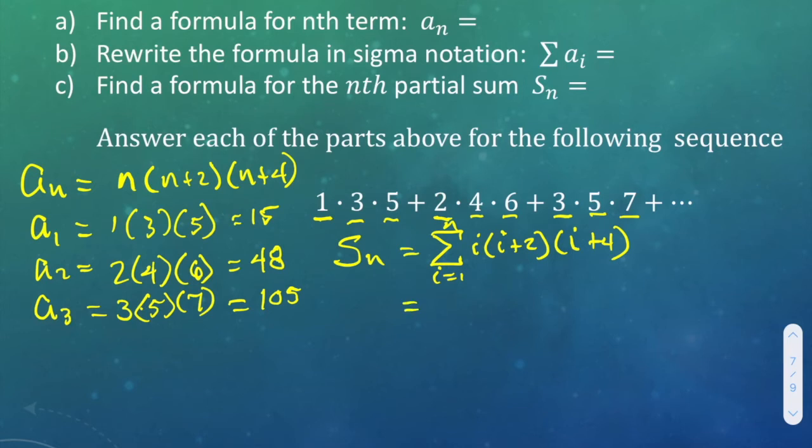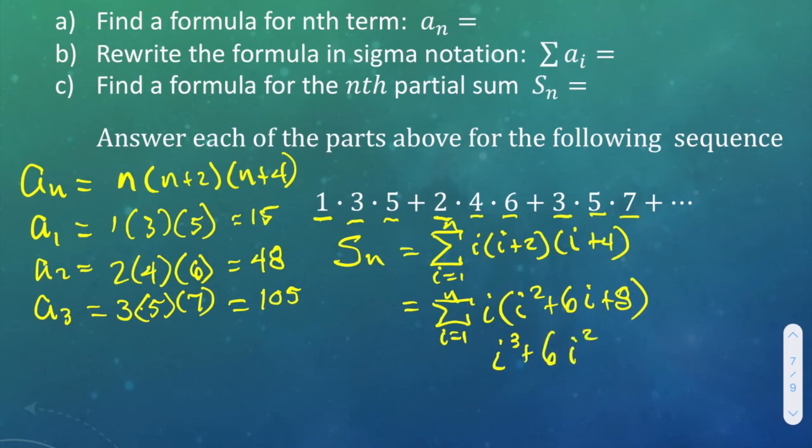And that's going to look like this now. The sigma notation as I equals 1 to n of I times I squared plus 6I plus 8. And let's clean that up a little bit. Isn't that just going to be I to the third plus 6I squared plus 8I? And here's our sigma notation.